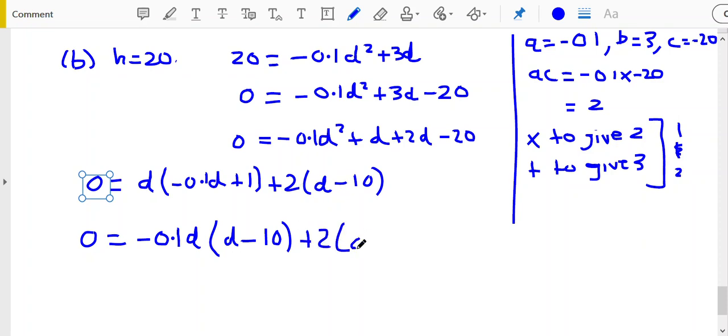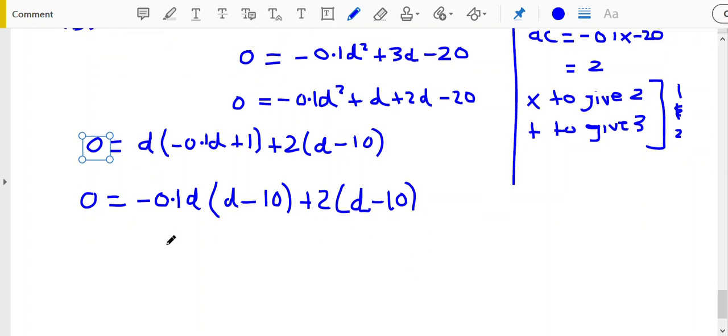We have the same set of brackets. Okay, the same brackets, a d minus 10. Now d minus 10 is common, so d minus 10 goes in one bracket, and the other bracket is negative 0.1 d plus 2. That's the leftovers.